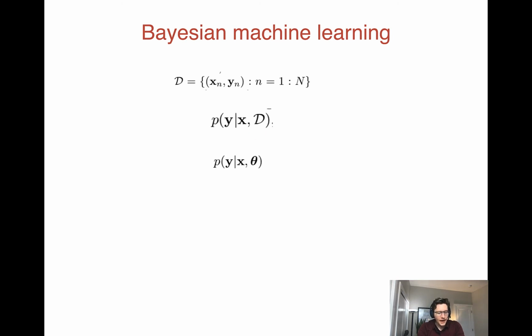And we imagine that there is some distribution that Y is generated from that depends on X and some parameters theta of some generative distribution. And of course, we don't know these parameters theta.